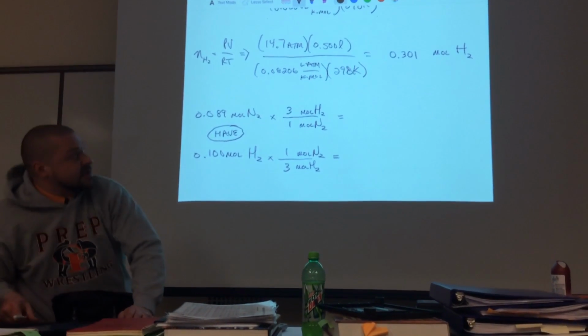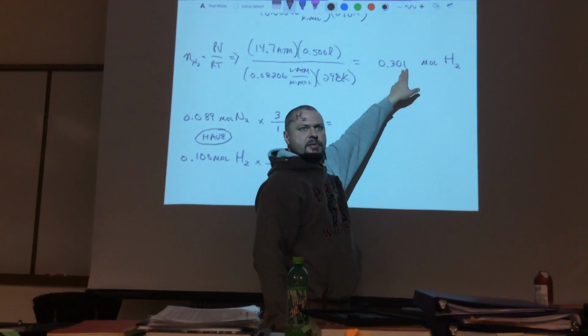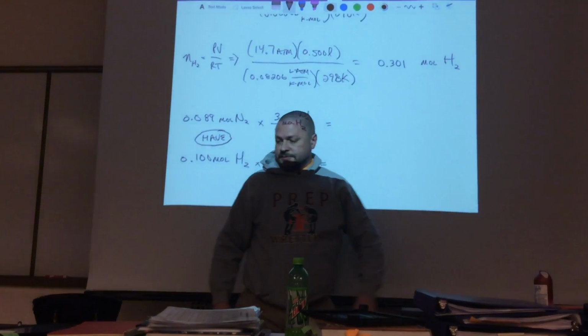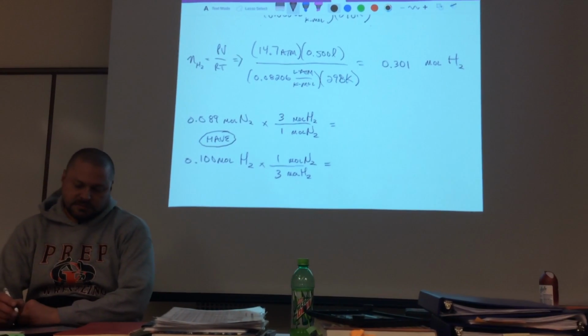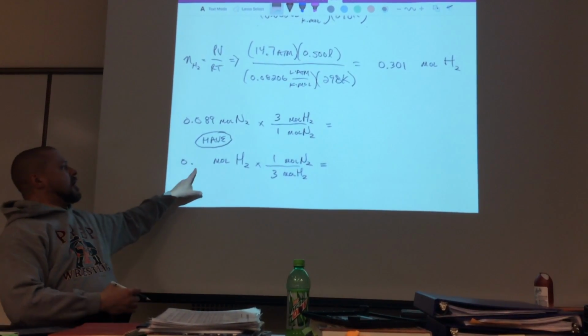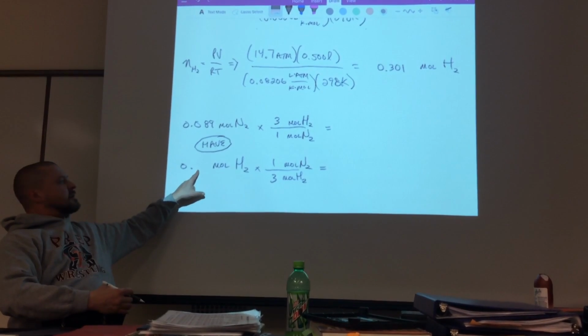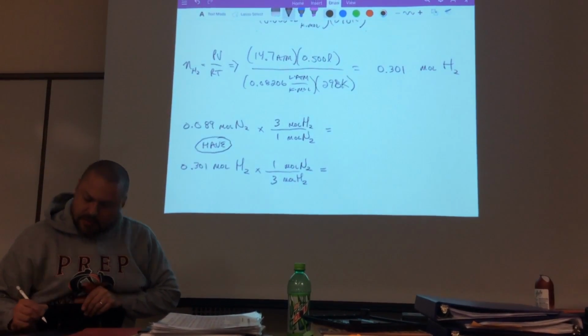Does everybody see that? I just changed this at the end of the H2 calculation. I read the wrong column off my notes, and so that would change it here when I copied it. I apologize for that. 0.301. Are we all right with that?